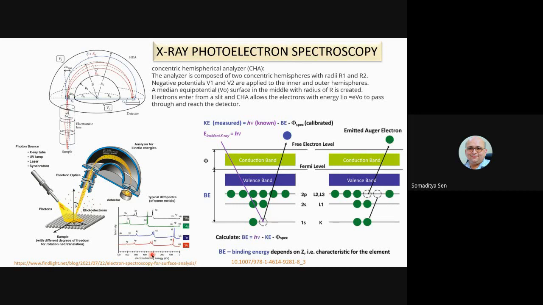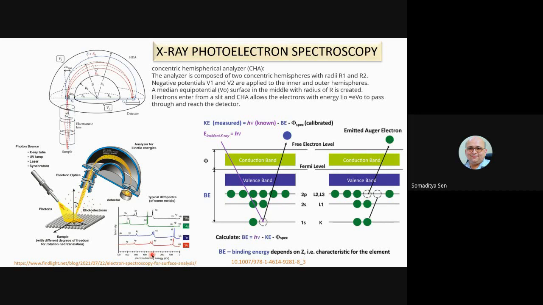It can be a laser, a UV lamp or whatever, but it has to eject photoelectrons from the surface of the material. This is the famous photoelectric effect that Einstein worked on. It uses the same principle: shine some light, eject some photoelectrons, and analyze the energy of these photoelectrons.